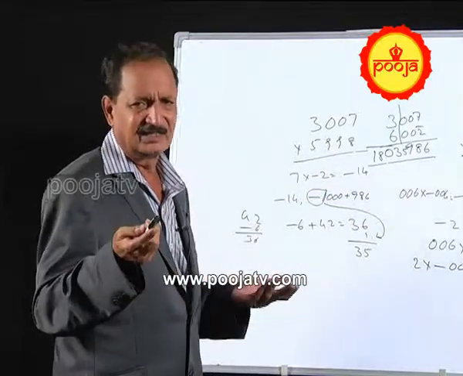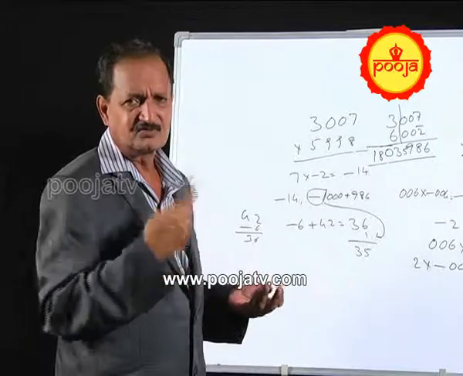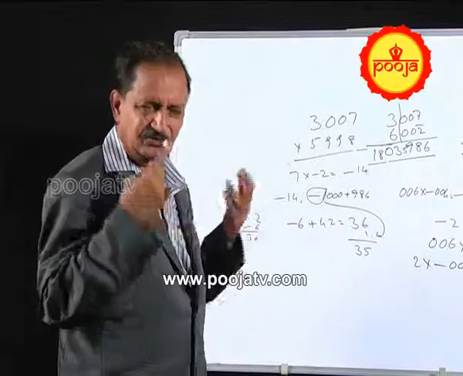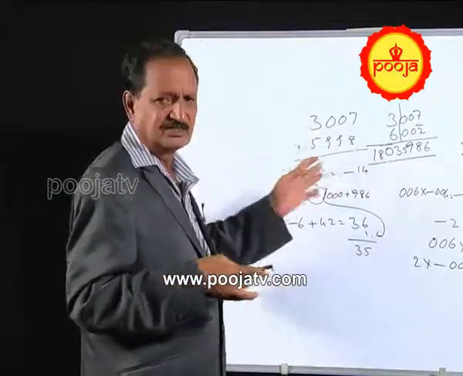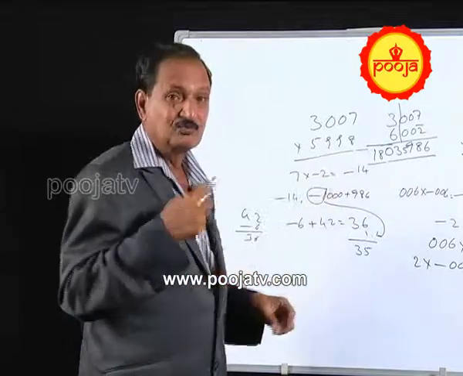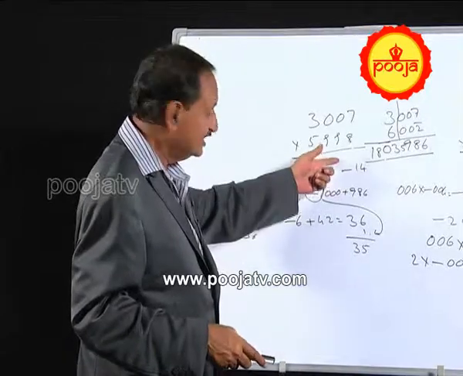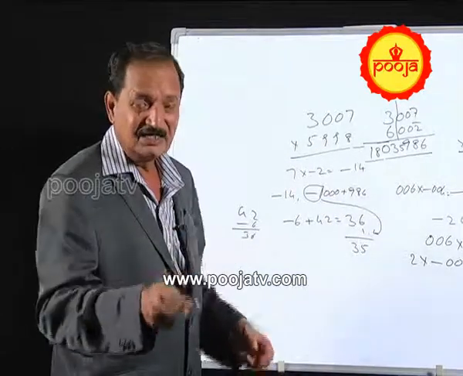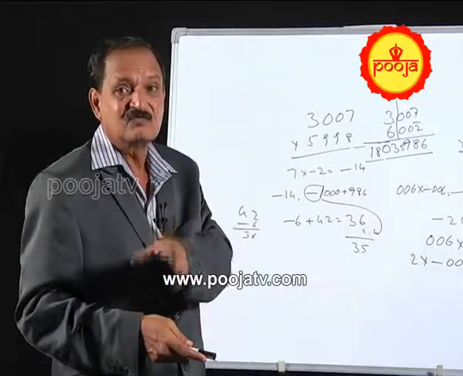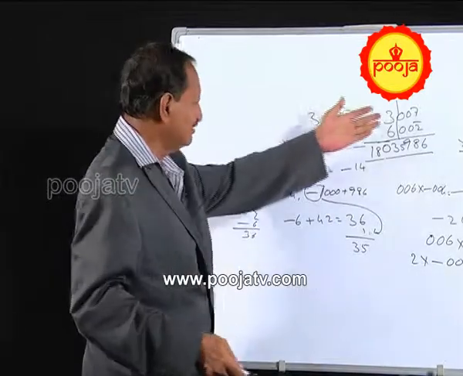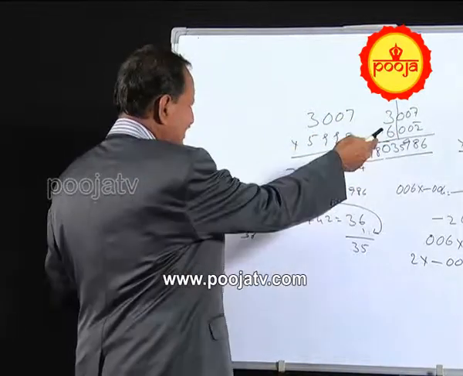I know, I worked in many institutions, these coaching centers. I do have total knowledge about this. They give it, but we will cheat that fellow. He gives 15 seconds and we do it in 10 seconds accurately, and still we can save some 4-5 seconds. Immediately see 3007, right. Even you need not write all these things.